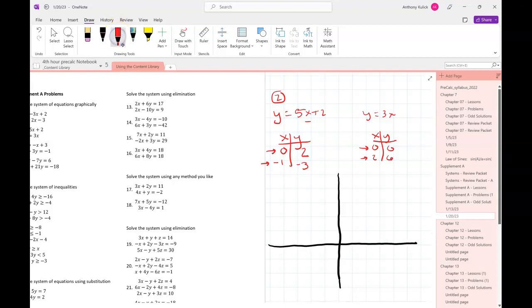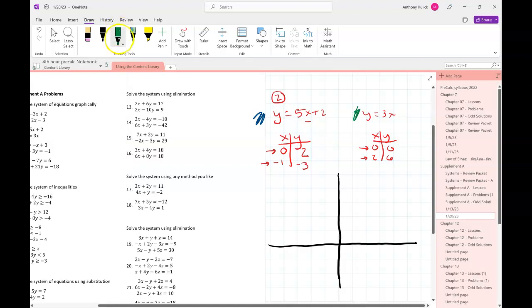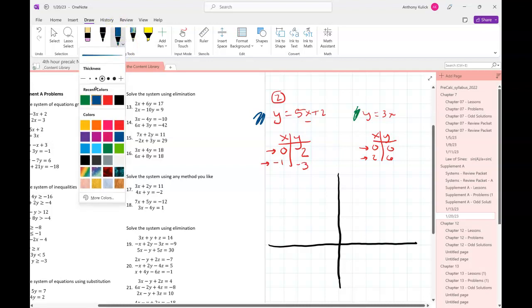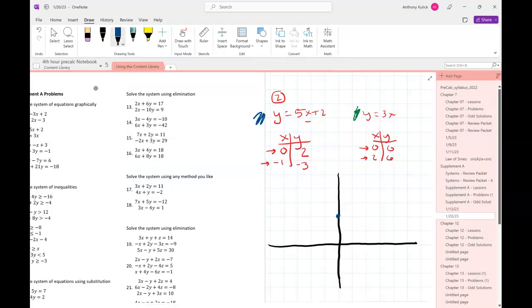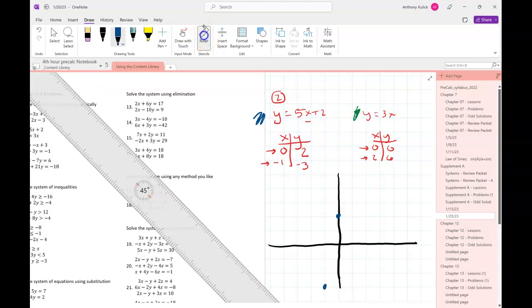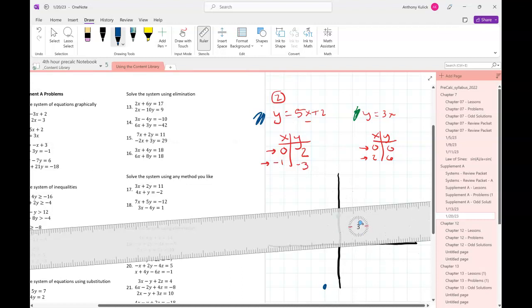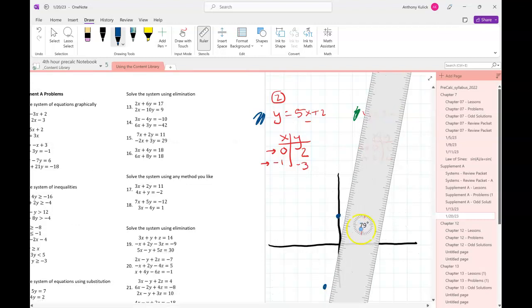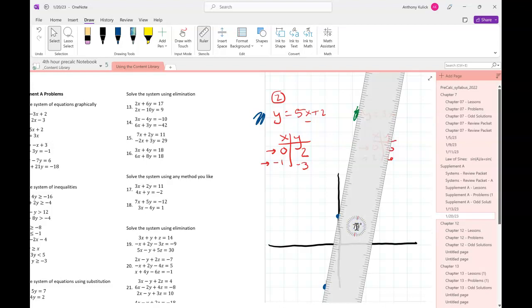Okay. So I'm going to plot this one in blue, and I'll plot this one in green. Each grid line is just going to be 1 unit. So I have 0, 2, and then -1, -3. That looks pretty good there.